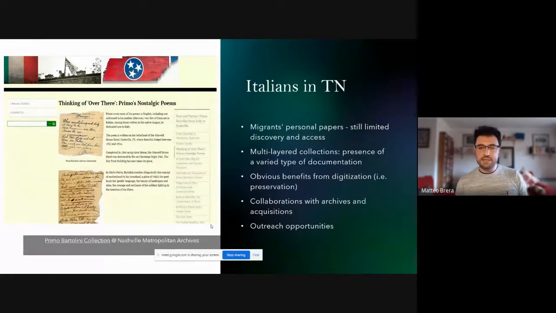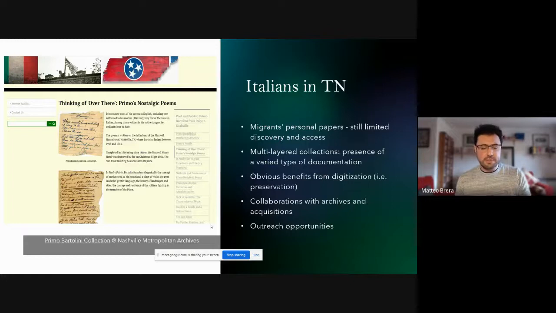As I said, it's important to digitize these papers because personal papers especially are still limited in terms of discovery and access. These were the Bartolini papers, which consist of more than 300 unpublished poems, which were in the attic of his late daughter in Nashville.